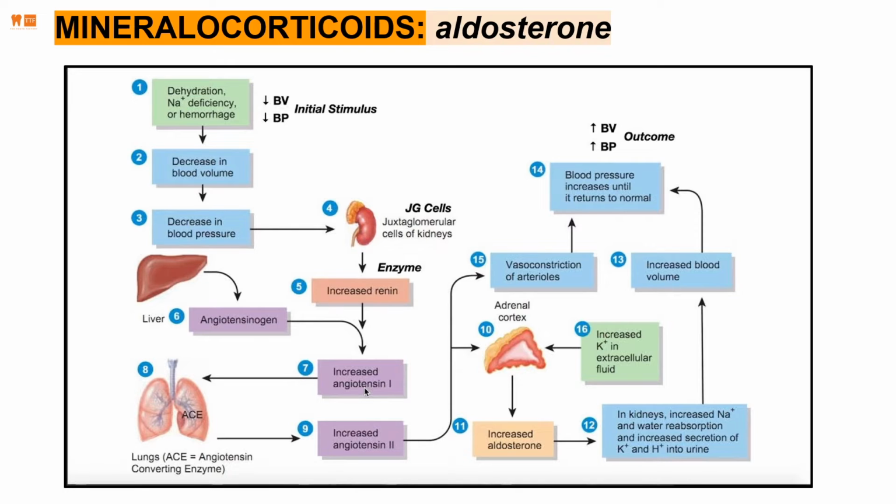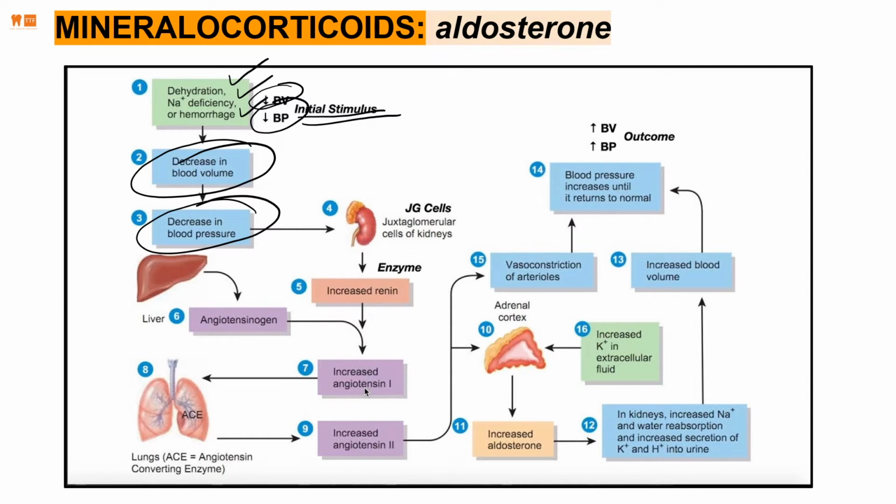Let's take a look. There's dehydration and sodium deficiency, or there is a blood volume loss because of hemorrhage, like a bike accident. That's the stimulus. Blood volume decreases, blood pressure decreases. What does that do? It does one large thing. RAS. Let's take a look. In the juxtaglomerular cells of the kidney, this indication goes and says, hey, the body's losing blood pressure, the blood volume is being lost.